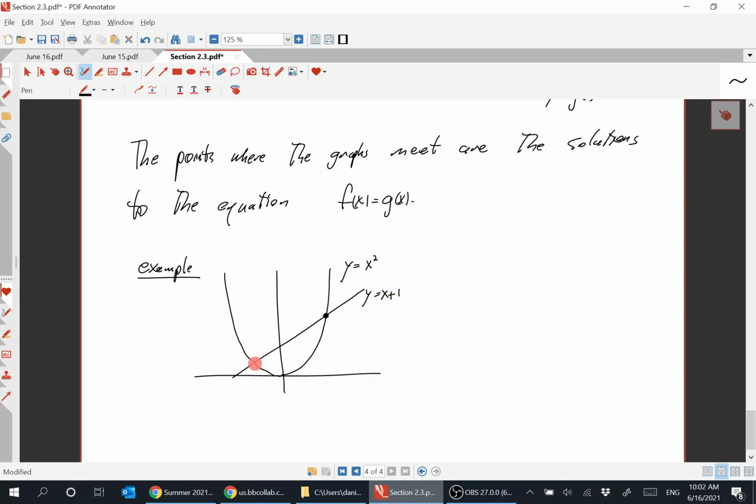And we see that there's two spots where they meet, right? So if this is the x-axis, that's the y-axis, and we're interested in what these points on the x-axis are. Well, they are the solutions to that equation where x squared equals x plus 1. So point A, point B. Right, so what are A and B?